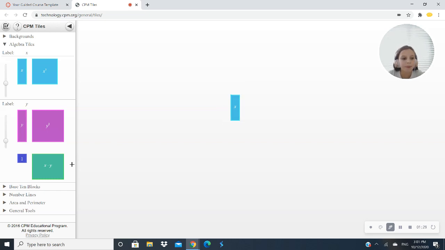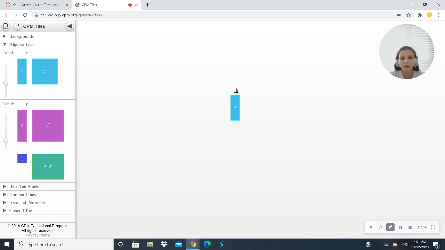And then if I bring out a unit tile for the width here, you can see that it's the exact same length. That's why the top here you consider 1.